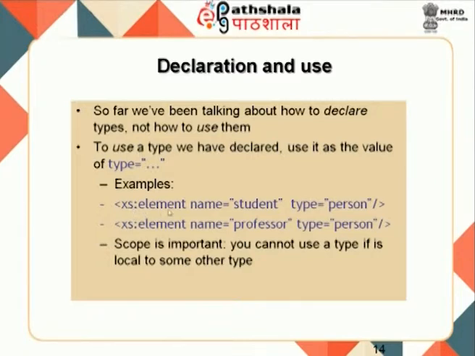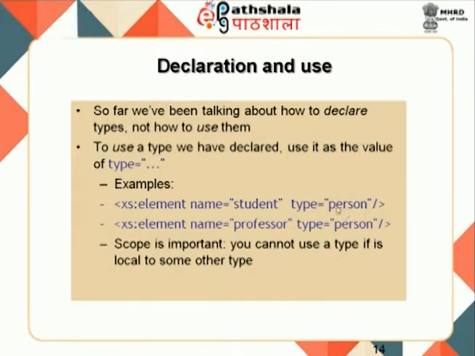Here the element student is defined, and here you can see that the type is given as person. Earlier we have seen element name equal to student, type equal to some predefined type. Now, in this example we can see that type equal to person, which means that person is a type that you want to use.